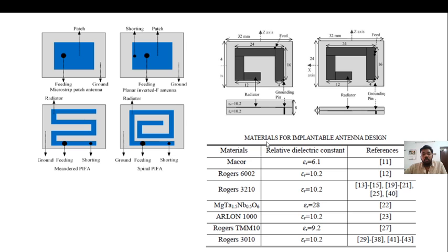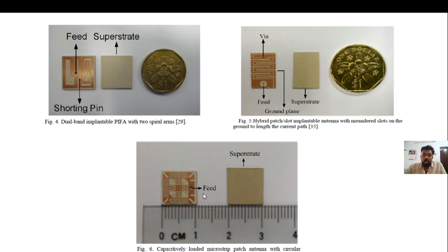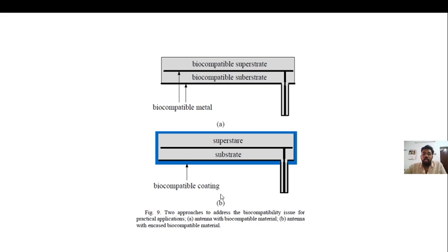Normal materials cannot be utilized for ISM band or medical applications. The materials should be biocompatible in nature, since we are going to implant the device inside our body. These are some of the substrates used for medical applications or implantable antenna designs. You can note this down. And these are some of the fabricated antennas for the ISM band.